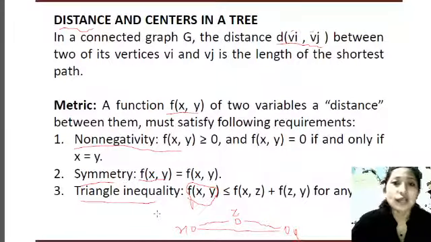So when we are calculating distance, we have to find the path which is shortest. Shortest means you calculate the distance between two vertices by finding the path with the least number of edges.